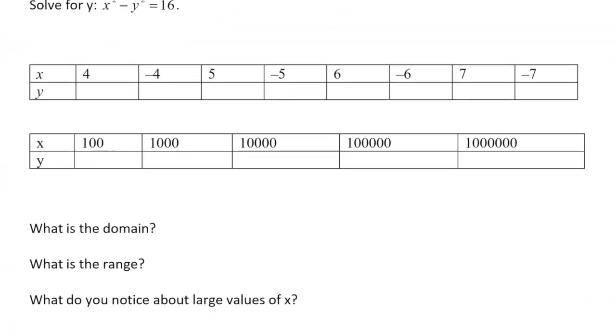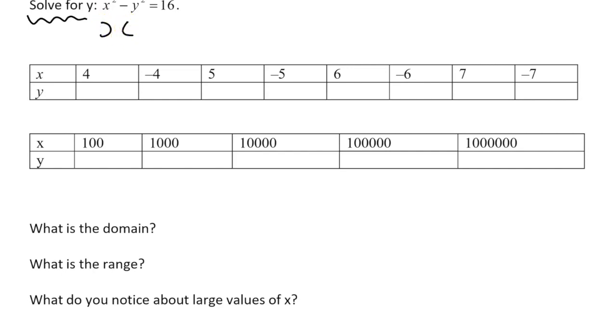Okay, so let's see what we could have with something like this. Now, if you wanted to, we could isolate for y right here. We see that it's in the form of x squared minus y squared, and so it's going to look like that.